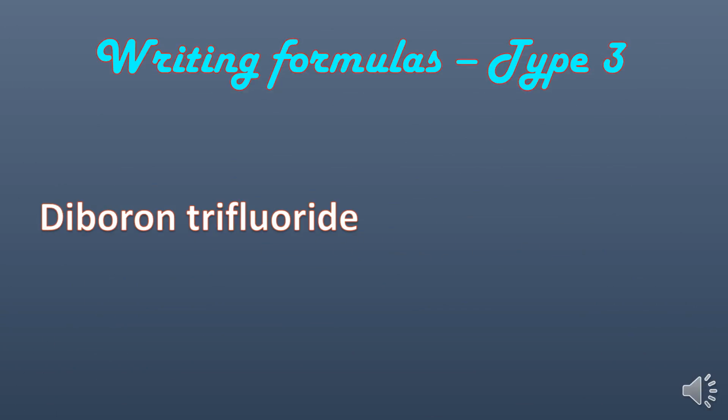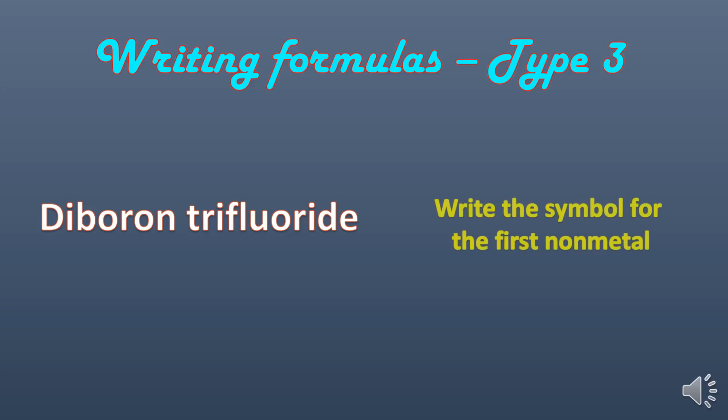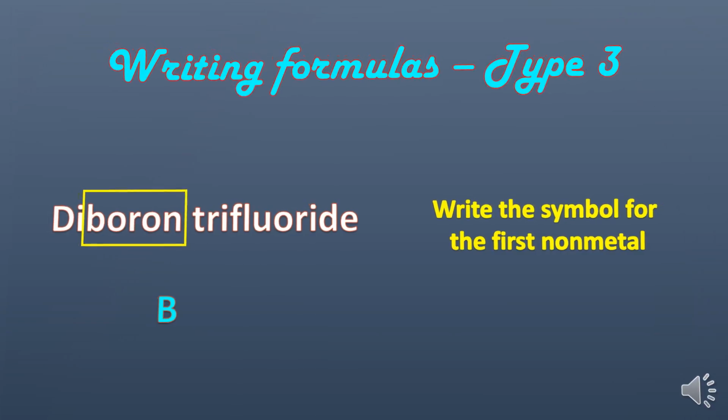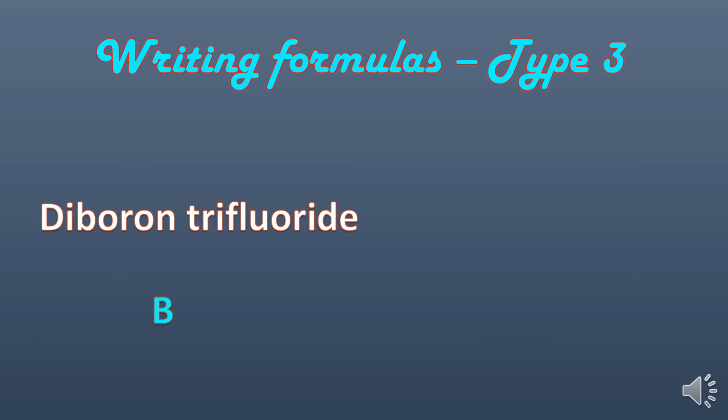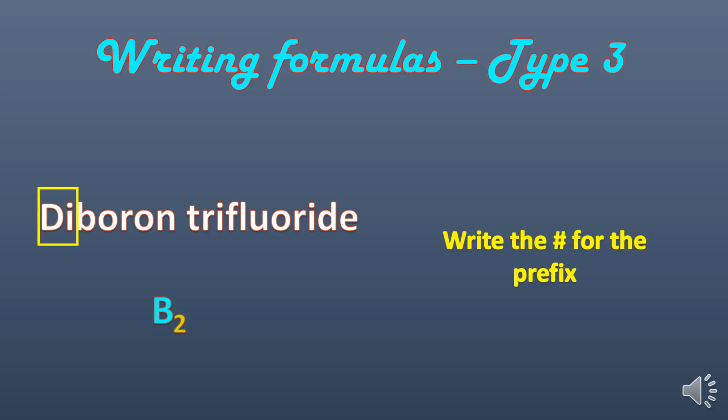Type 3 compounds are so easy. First, you want to write the symbol for the first non-metal, which in this case is boron, and I'll try not to bore on and on. Then the next thing you want to do is write the number for the prefix that went with the boron. So di means 2.